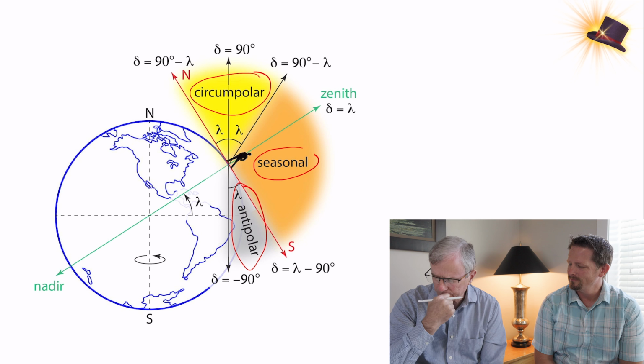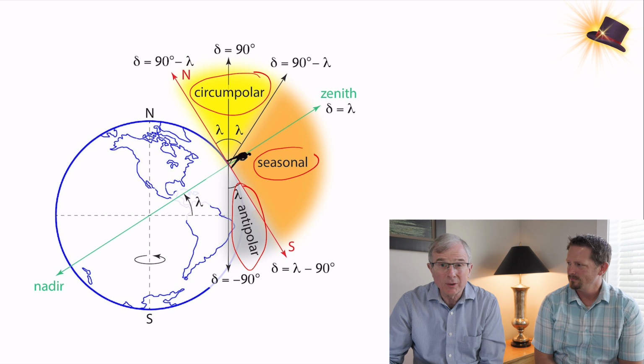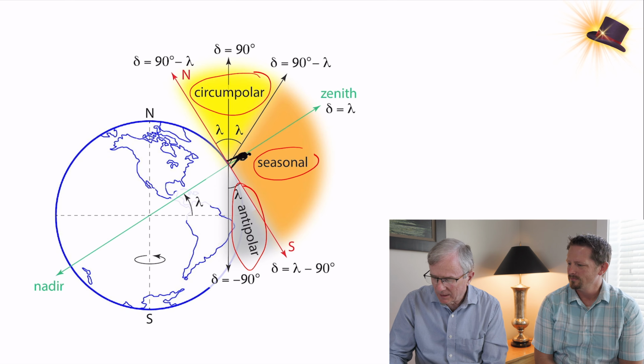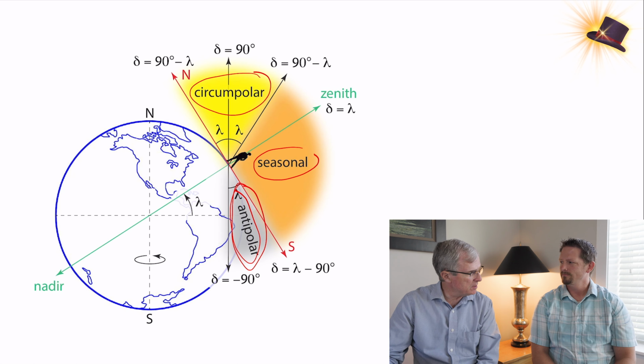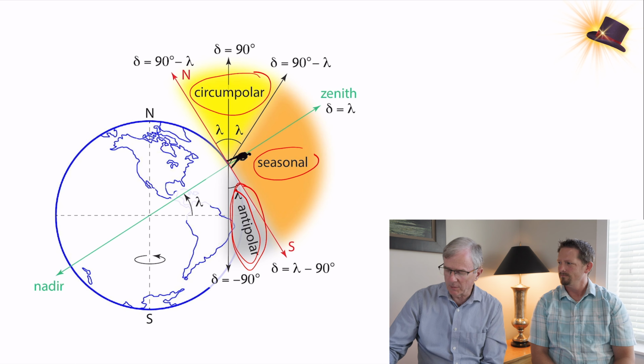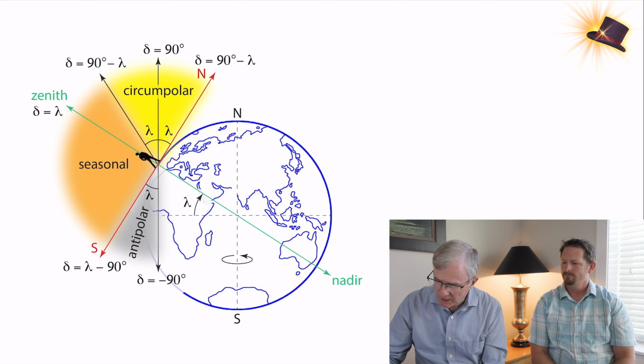The antipolar are easy because no matter what time of day or time of year, he's never going to be able to see these antipolar objects because they're always hidden by the Earth. So when he's rotated to the other side of the Earth, 12 hours later, he still can't see those stars that are hidden by the Earth.